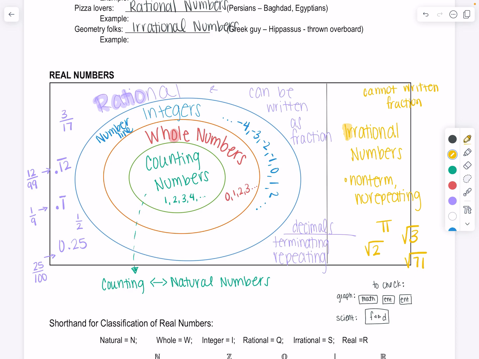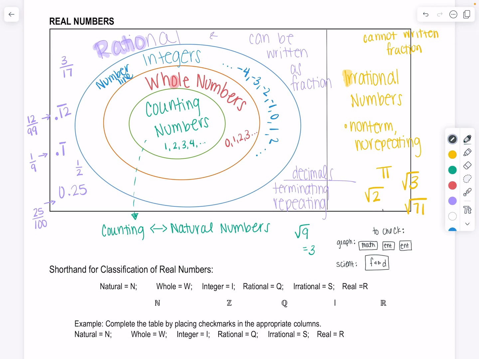So the square root of 9, while at first glance it looks like, oh, I'm going to stick it over here because it's a square root. However, the square root of 9 is 3, which then falls over here with my counting numbers. So don't think just because it's a square root that it is going to be an irrational number.